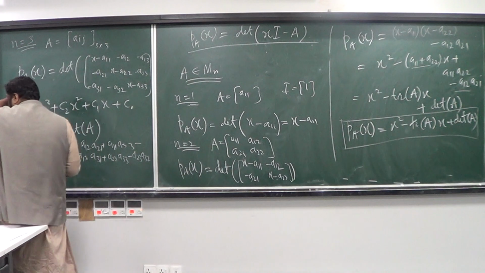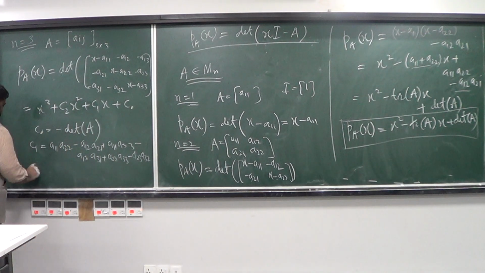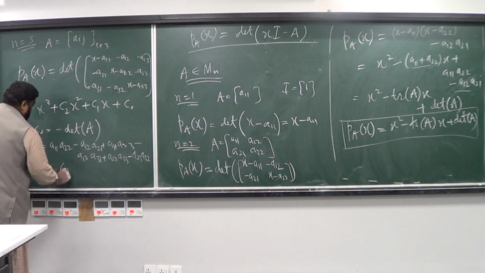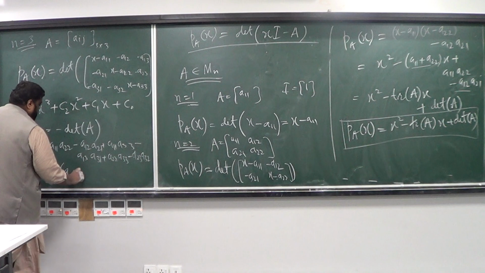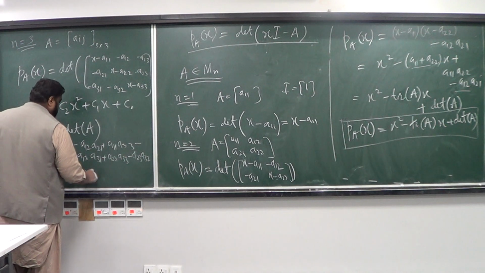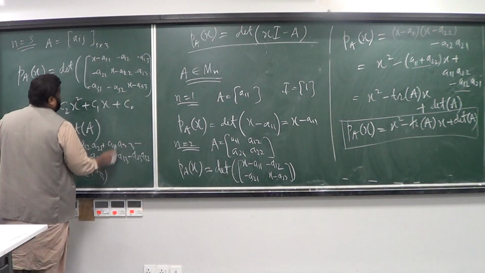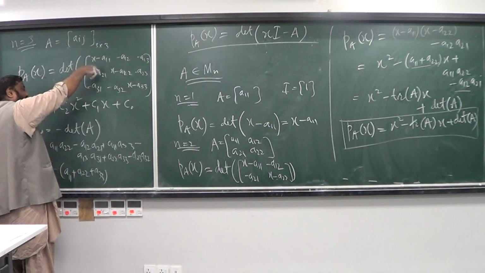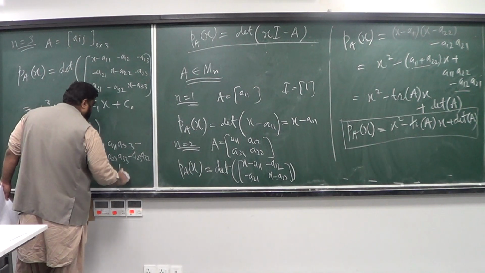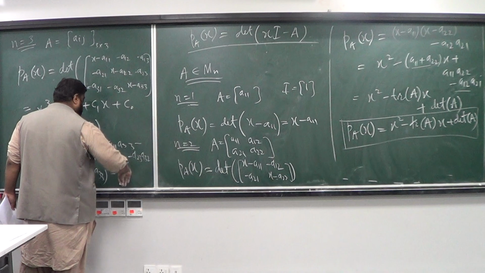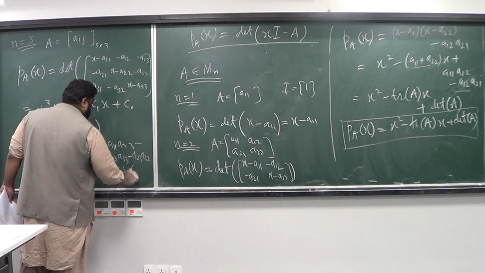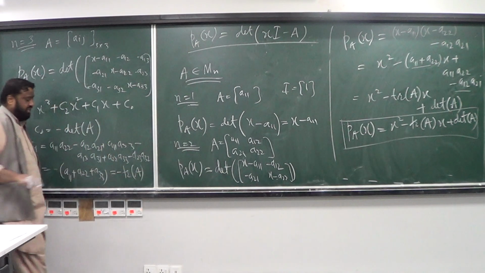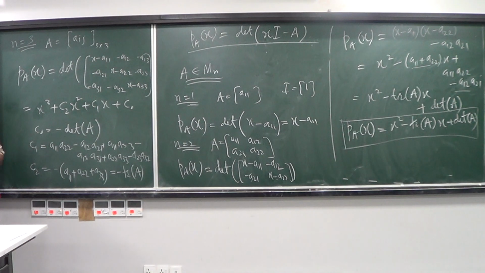This is what c1 is, and c2 is really minus (A11 plus A22 plus A33), which can again be treated as the trace of the matrix A. In other words, it's minus the trace of the matrix A.